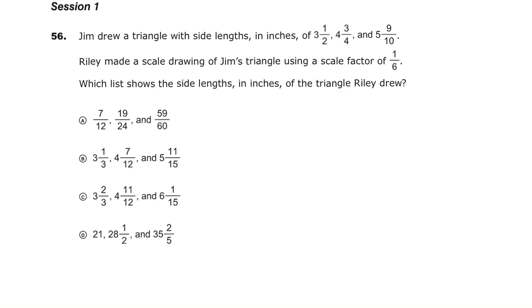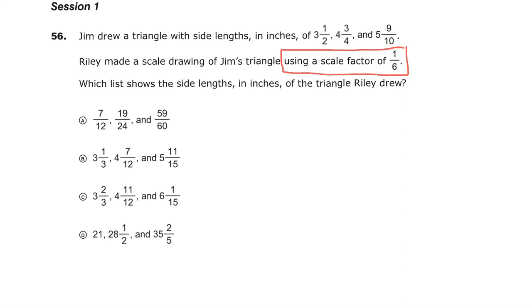Okay, 56. Jim drew a triangle with side lengths in inches of those three numbers. Riley made a scale drawing of Jim's triangle using a scale factor of 1/6. So, Braden, what does that mean? That we're going to multiply everything by 1/6, right? Very good.